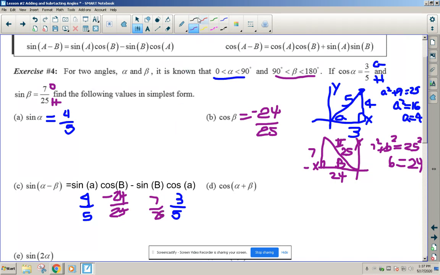Now, we are multiplying these 2 fractions together. We're multiplying these 2 fractions together. And then we are, according to the formula, subtracting. So when I multiply this, I get negative 96/125.